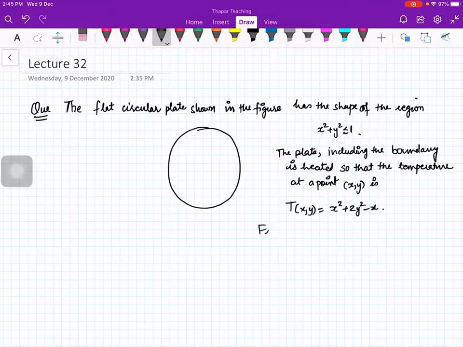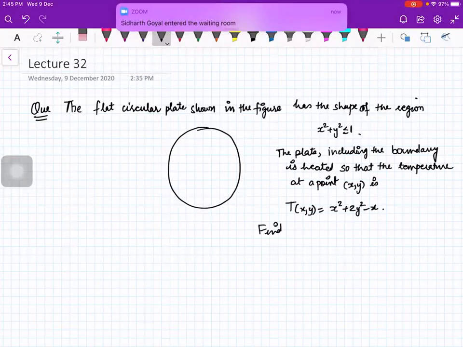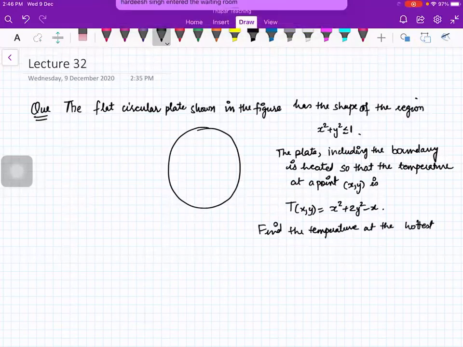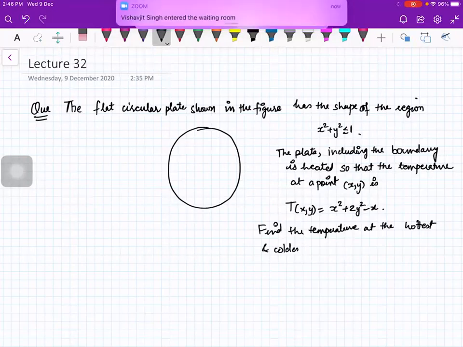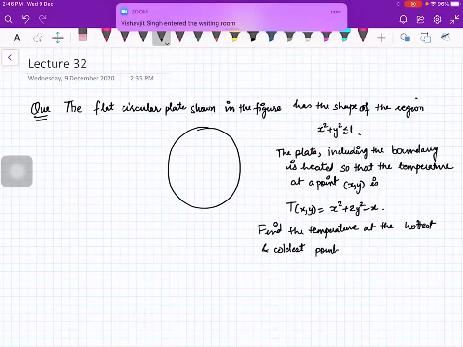Find the temperature at the hottest and coldest points on the plate. Is the question clear to everybody?